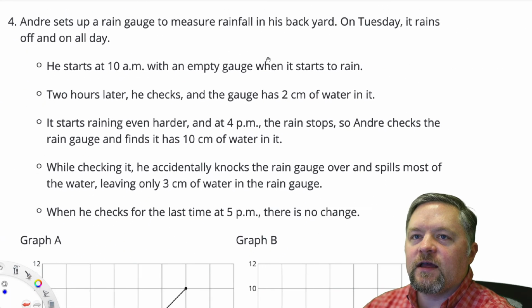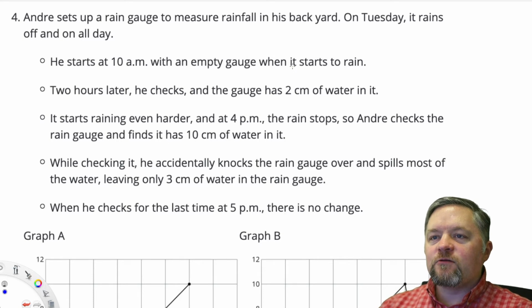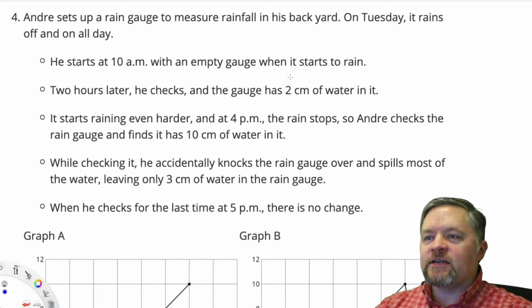What have we got next? Andre sets up a rain gauge to measure rainfall in his backyard. On Tuesday, it rains off and on all day. He starts at 10 a.m. with an empty gauge when it starts to rain. 2 hours later, he checks, and the gauge has 2 centimeters of water in it.